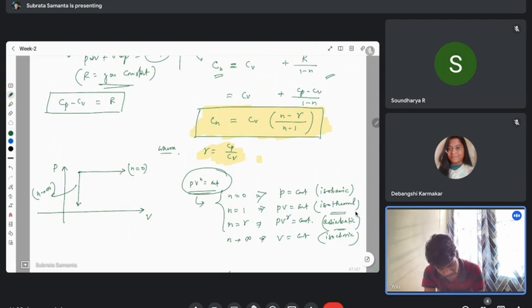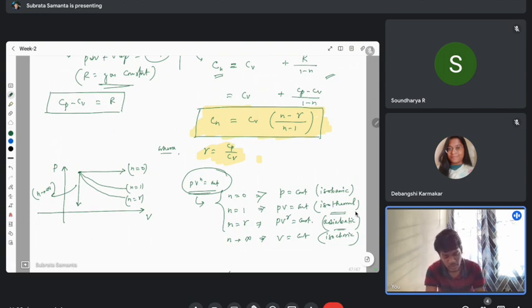PV equals constant is this process, and n equals gamma is this process. If you put any value, n equals 2, 3, 4, different processes are given, all in between n equals 0 and n equals infinity.